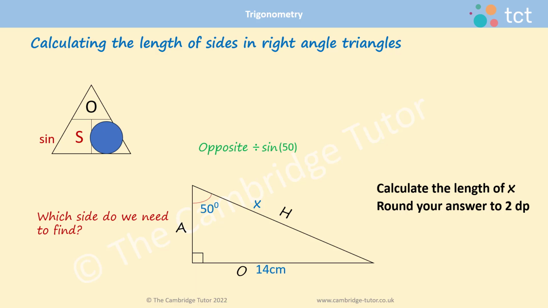In my calculator, I will type in 14 divided by the sine, 50, close the bracket, equals, and that's 18.2757. I've been asked to round the answer to 2 decimal places. So that's going to be 18.28 centimetres.